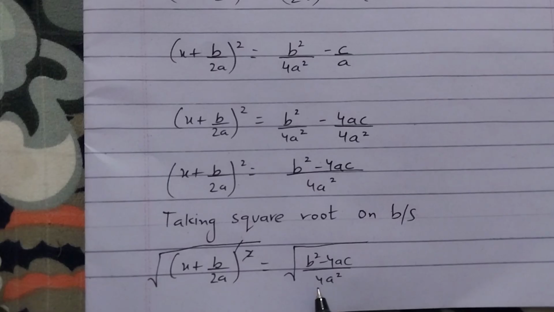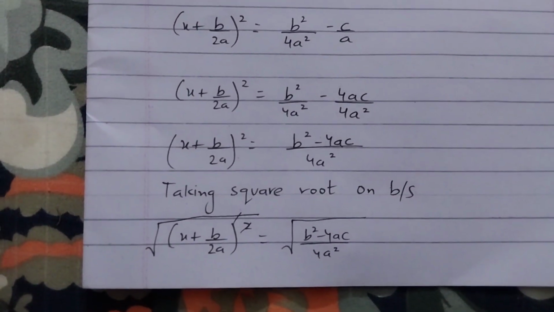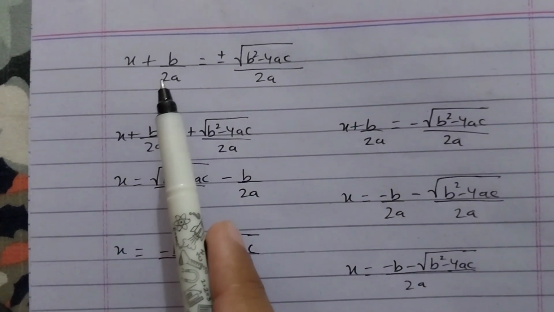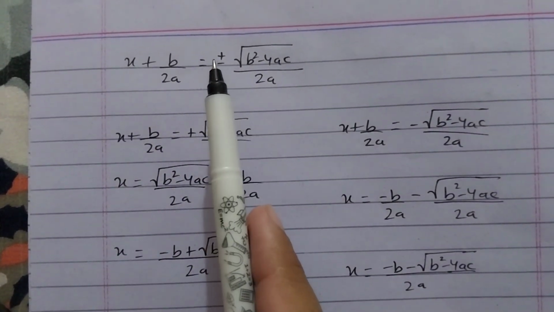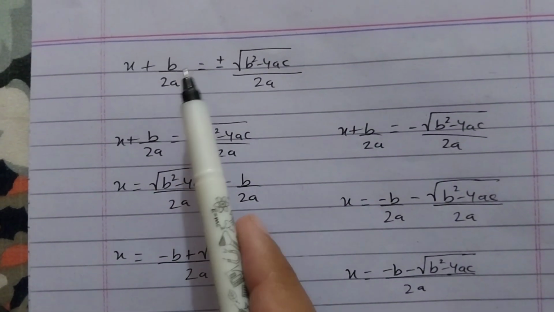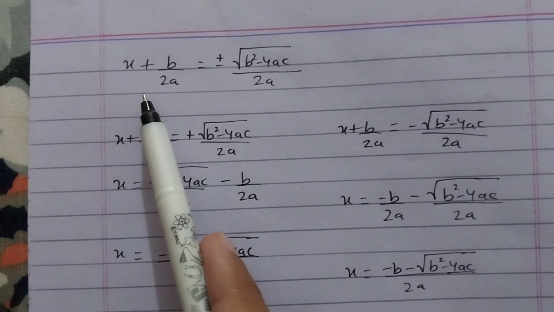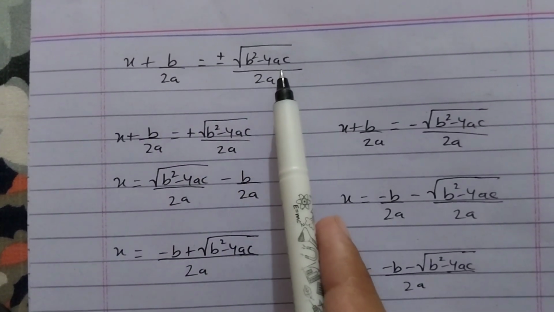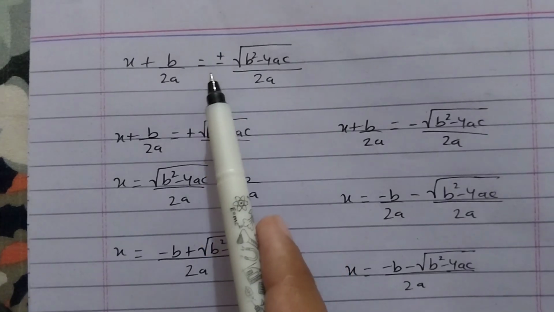Its square root will be 2a. So we have x plus b over 2a equal to plus minus the square root of (b squared minus 4ac) over 2a.